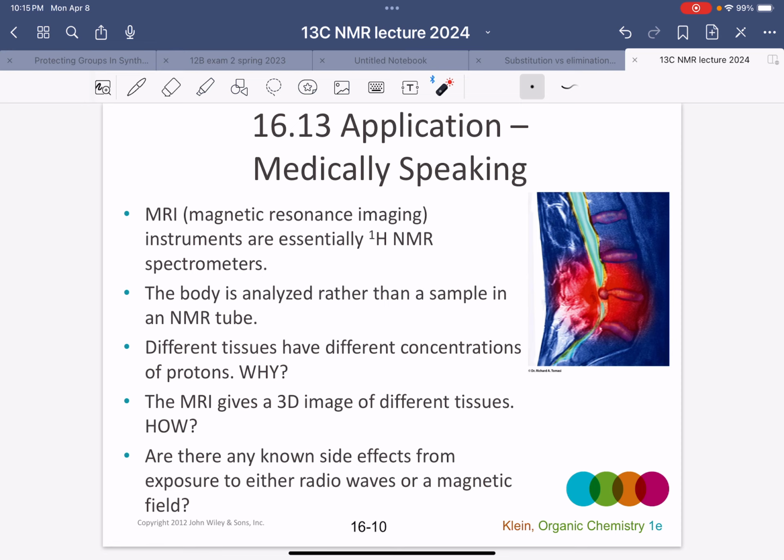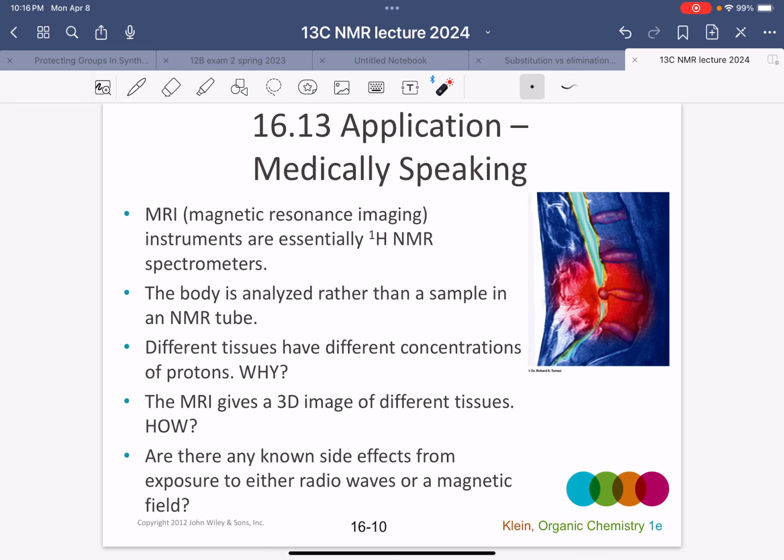cylindrical coil. And different tissues will show up differently depending on how much water versus fat they may have. And you can produce a 3D image using a magnetic field gradient. So the field is not homogeneous, it's not even all the way across the body. And that allows you to spatially address where signals are coming from.